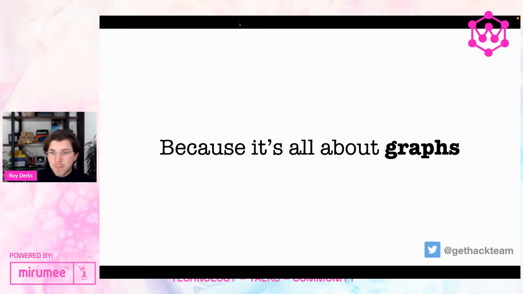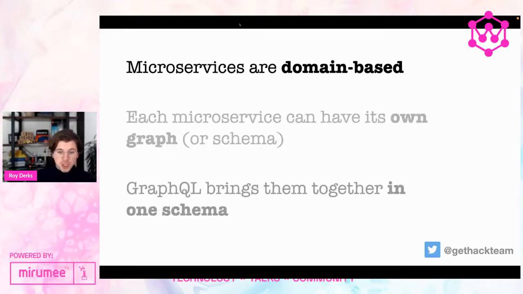Especially why they are great for GraphQL. And the biggest point for this is, as GraphQL is thinking in graphs, microservices are really domain based. I've seen a lot of microservices that were domain based or were combining multiple domains into one. It's something I generally advise people not to do.